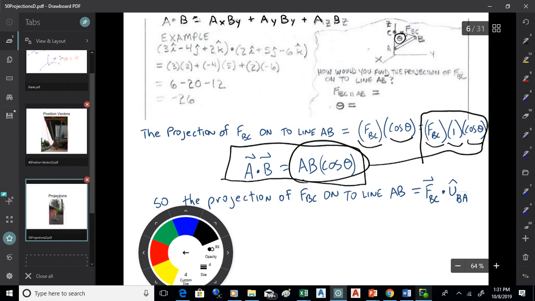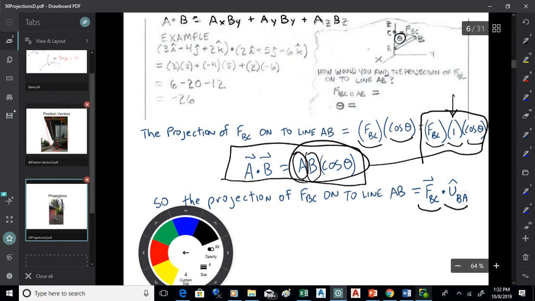Okay. So if I want to find the projection of FBC onto that line, the way I'm going to do it is I'm going to take FBC, that's the A part of my formula. I'm going to dot it with this line BA, that's the B part of my formula, but I want that to have a magnitude of 1. So I don't want to use the full vector AB or BA. I want to use the unit vector. Okay?